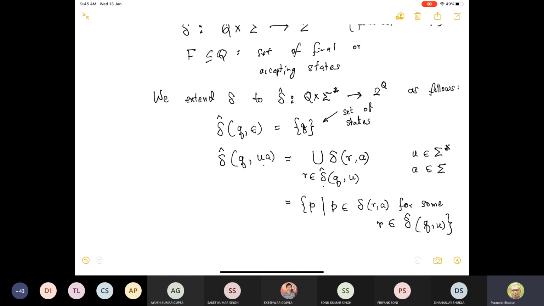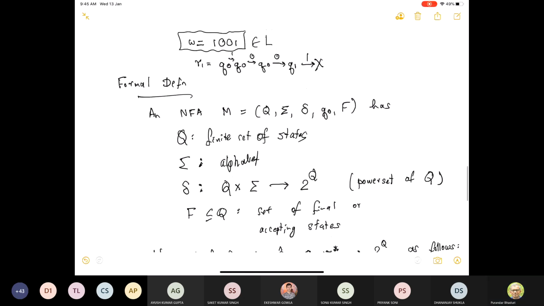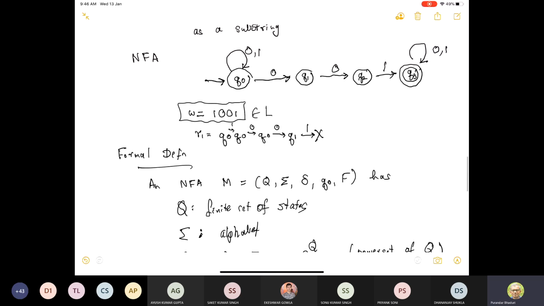Any doubts or questions? For example, if we go back to the example here, what is delta hat Q0, 0?